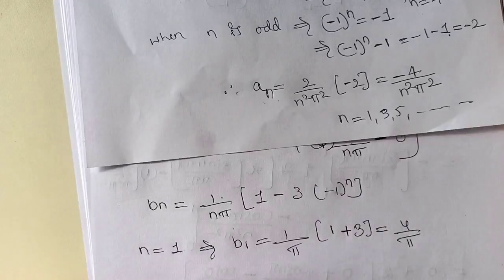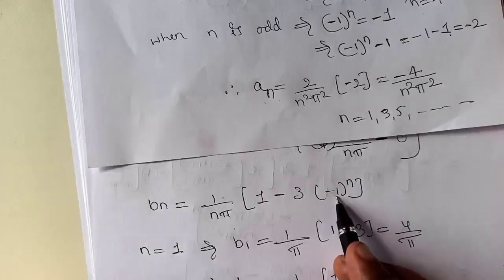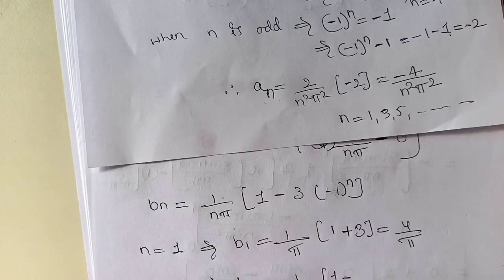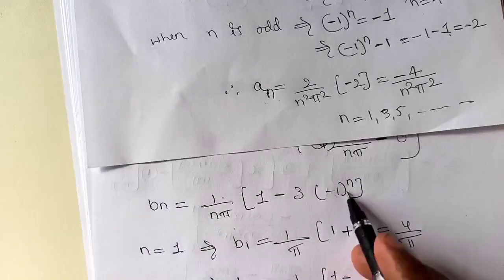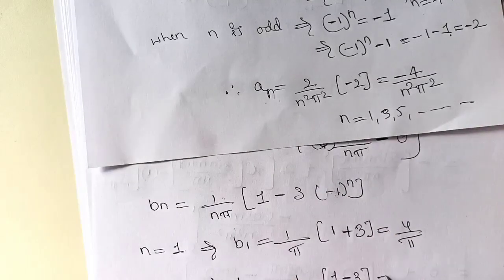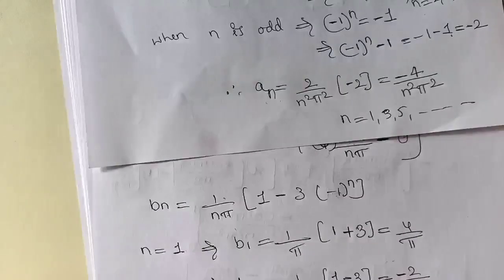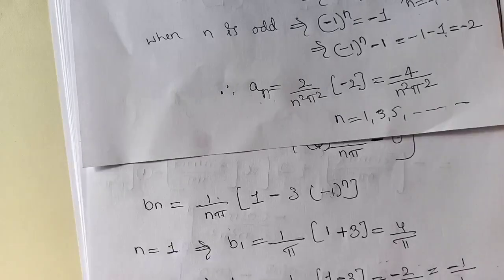When n equals 2, B2 value is 1 by 2 pi into 1 minus, and for n equals 2, which is even, it is plus 1. Plus 1 into minus 3, we get minus 3, so it is minus 2 by 2 pi, the 2 cancels, and we get minus 1 by pi.